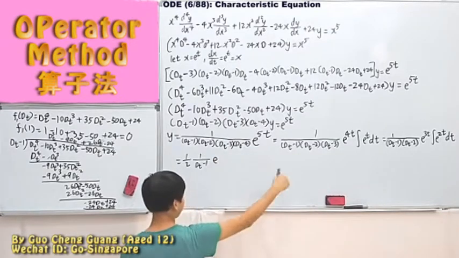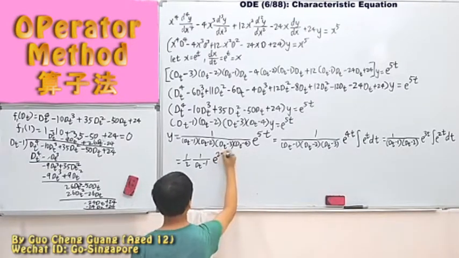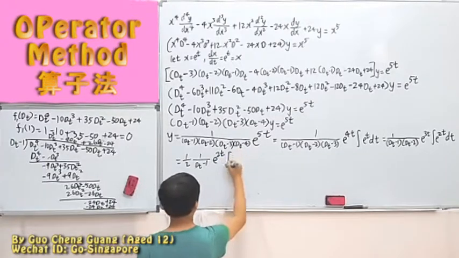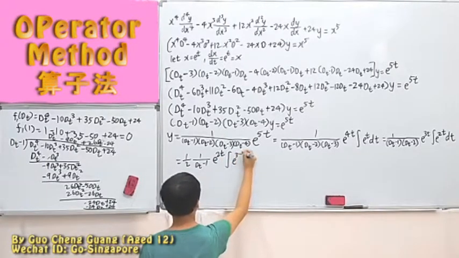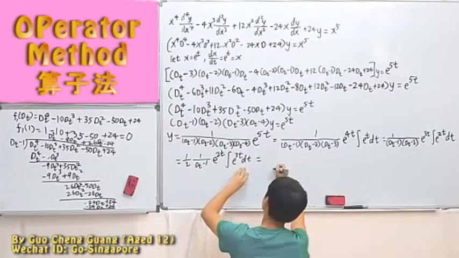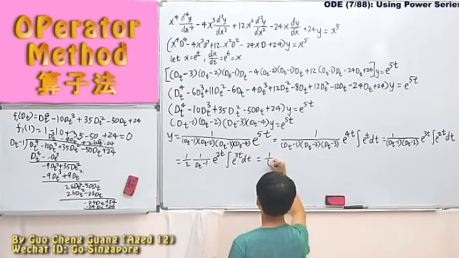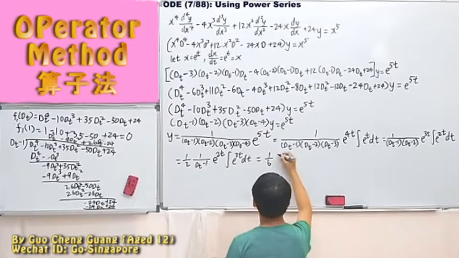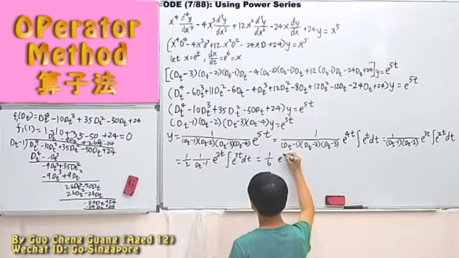Okay. Then the next part, you just straight away try. So in the first part is e to the power of 2t. Then inside will be e to the power of 3t. Then here you integrate, you get 1 over 6. Well, that's in total because you only get extra 1 over 3 here. Downside here you get e to the power of t.